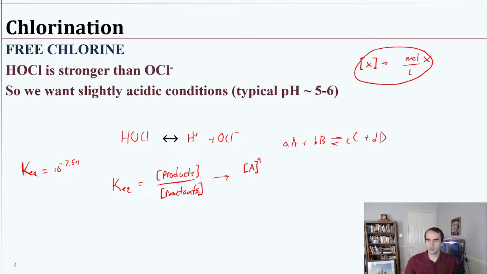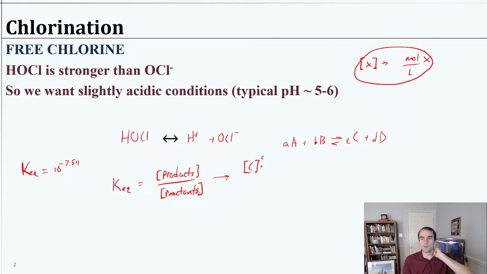So back to here, the products over the reactants, and I already messed that up. This should be C. C is one of the products. C to the C power, the lowercase c. So there are C molecules of C, moles of C is what this is referring to.